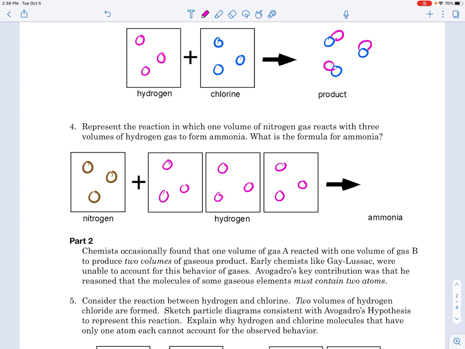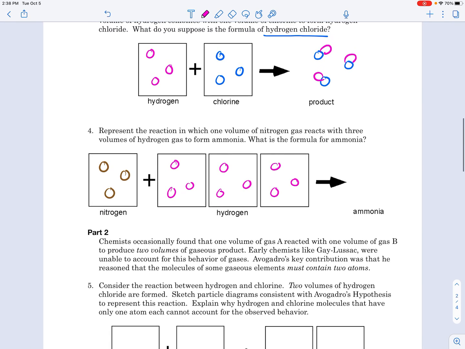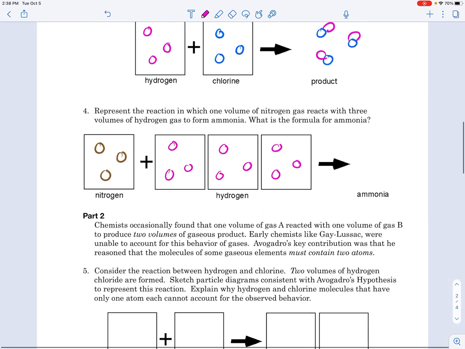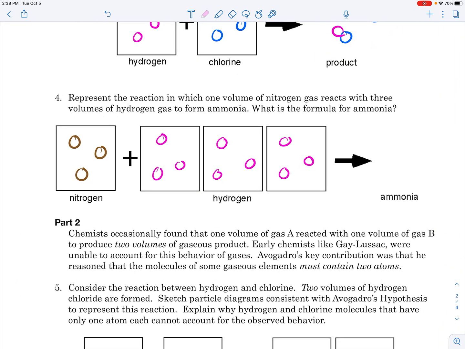Since I've got 3 times as much hydrogen as nitrogen, when I combine them to make ammonia, you can logically see that if I'm going to have nothing left over, I'm going to have to stick 3 hydrogens onto each nitrogen. So part 1 of this worksheet is very logical.